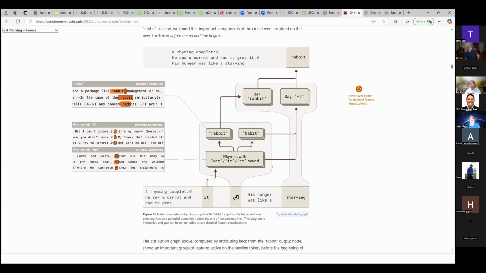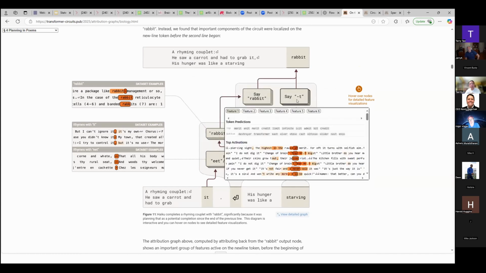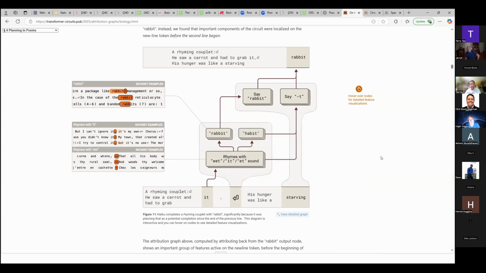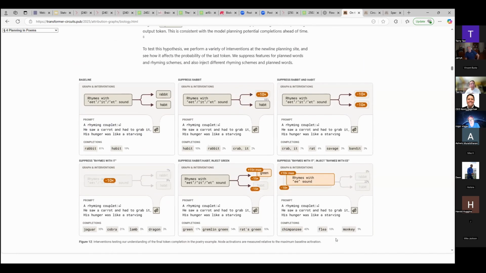And so this guy does have a path here to say words ending with something T. It has a little bit of that. But this kind of confirms the graph in the sense that you get rid of rabbit and habit, and then maybe "rats green" is because of the T effect of this thing. So anyway, this is a little bit of confirmation.